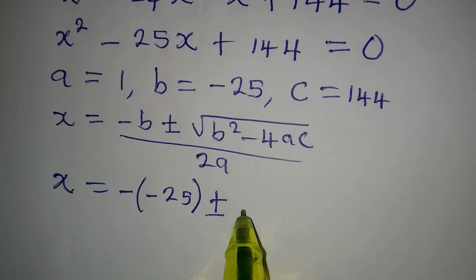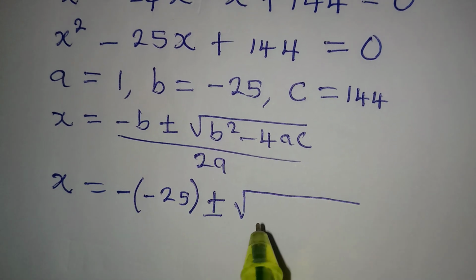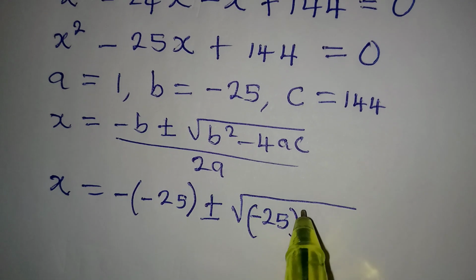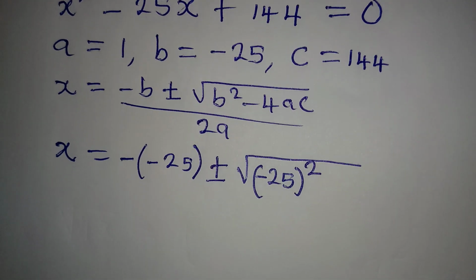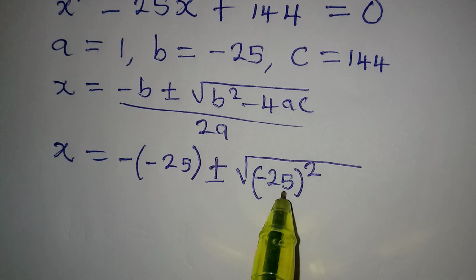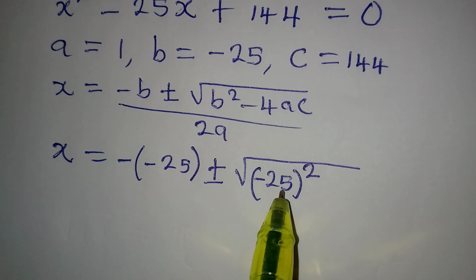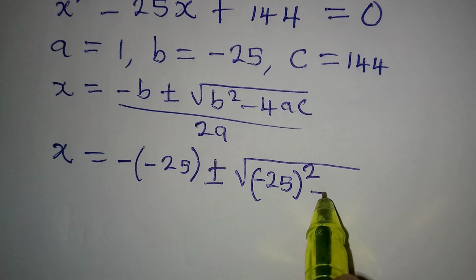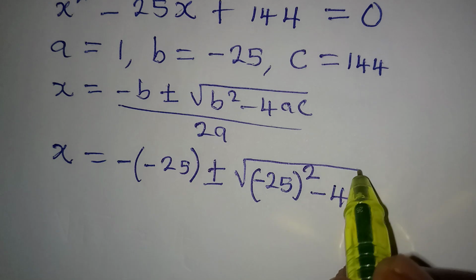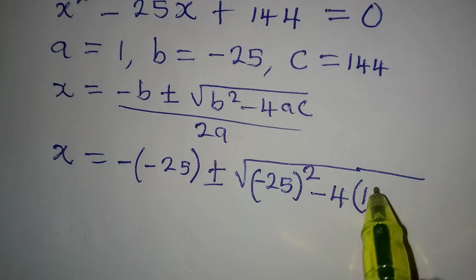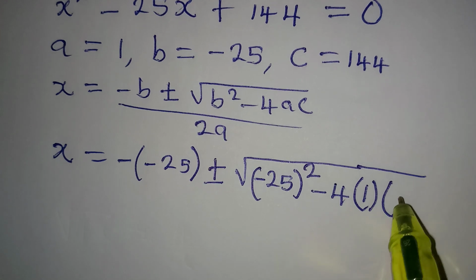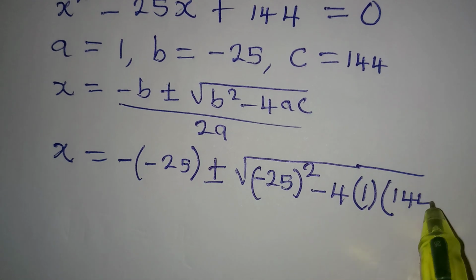Then plus or minus, we have b squared, which will now be negative 25 in bracket squared. Now students, again, will put 25 alone. They will not put it in bracket, and that will give them a different answer entirely. Then minus 4 multiplied by a, our a is 1, then multiply by c, and our c is 144.